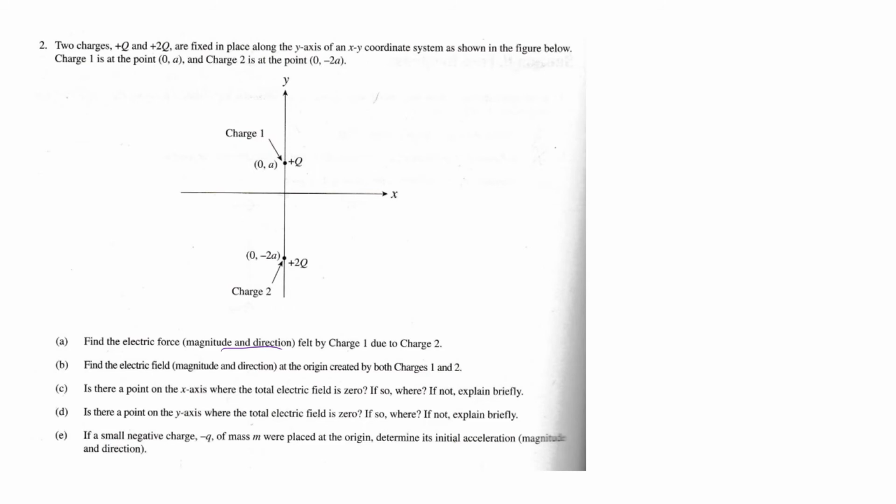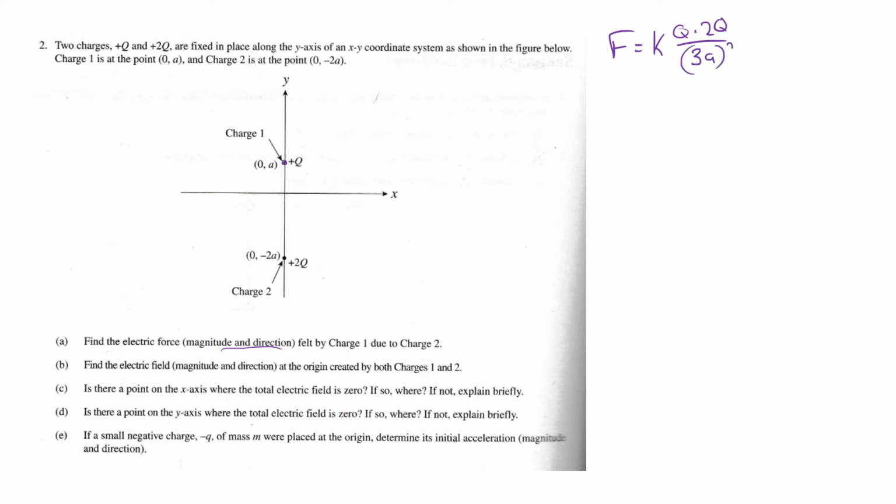Okay, well, let's figure out the force on charge 1. So we have a formula for that. F is equal to Coulomb's law, right? K times Q1. Q1 is just Q. Q2 is going to be double that. So let's put a 2Q divided by R squared. What's the radius here? What's the distance here? It's going to be 3A.